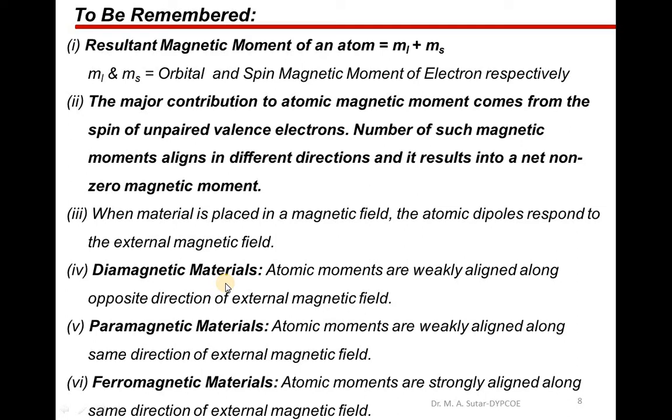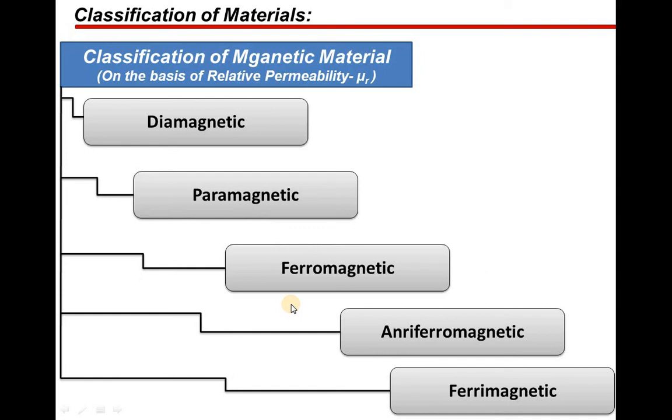In paramagnetic material, they are weakly aligned in the same direction, whereas in ferromagnetic material, they are strongly aligned in the same direction. So this is how you have these three types of materials.